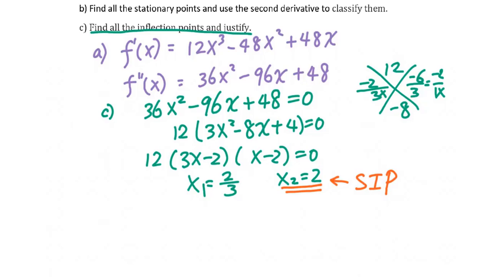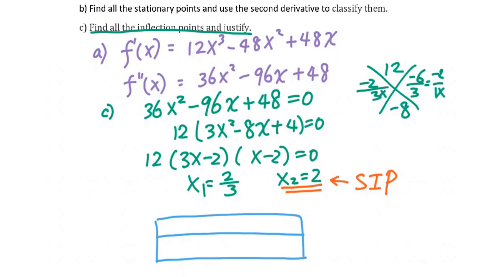We need to make a table to check whether there is a sign change at 2/3 for the second derivative. So you will get 2/3. Here's 0.